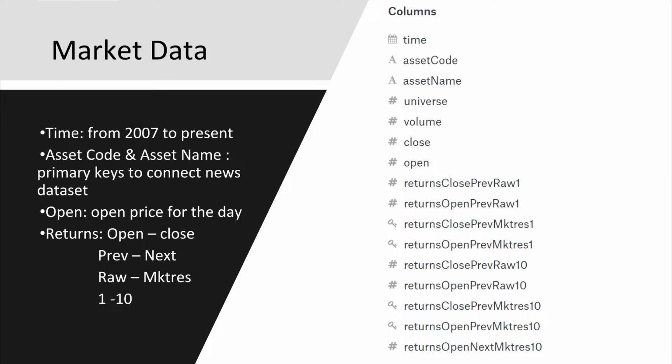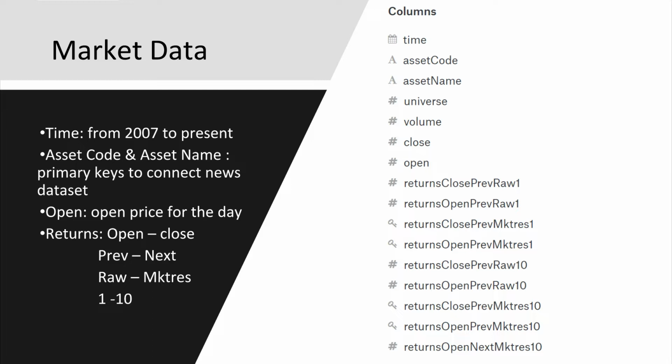One interesting thing I want to point out is raw and mkt. Raw data means organic data, but mkt data means the data is adjusted by the market, taking the whole market movement into consideration when calculating the return value.